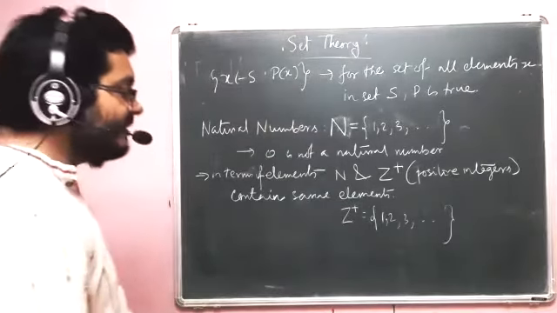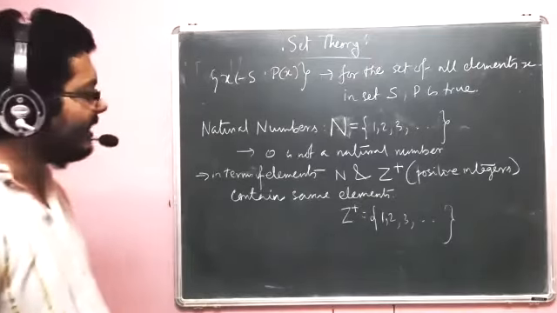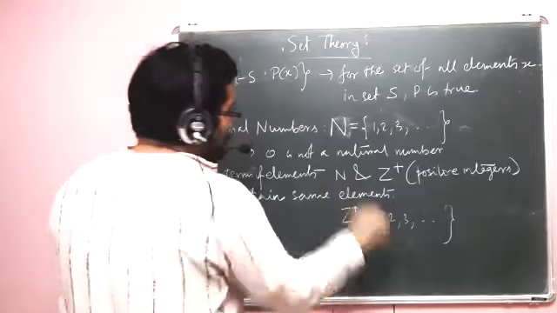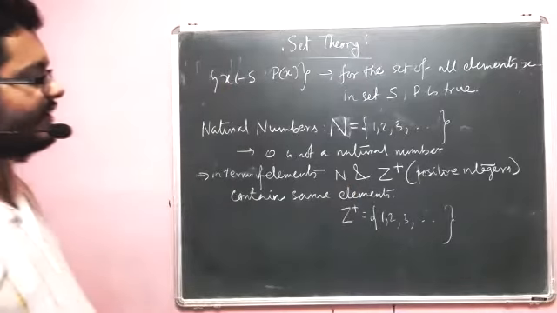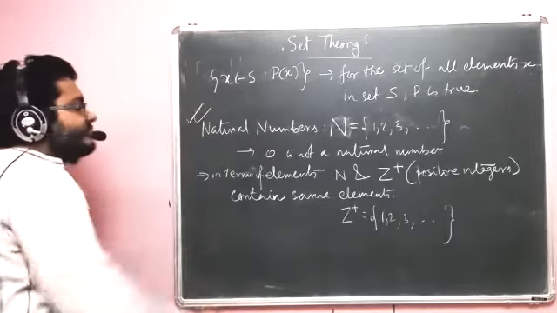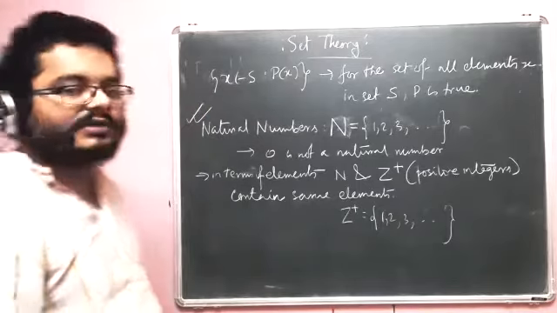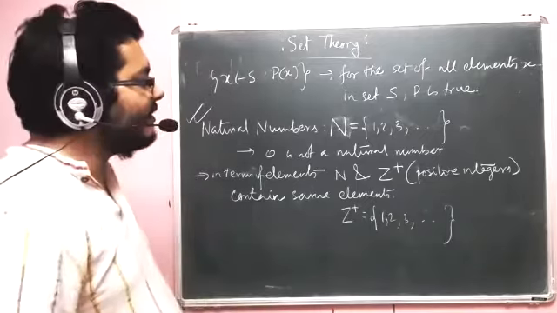And 0 is again neither positive nor negative. But then why am I writing that N is not really equal to Z plus? The reason behind this is the learning of what natural numbers are. Natural numbers are those numbers which are used exclusively for counting.